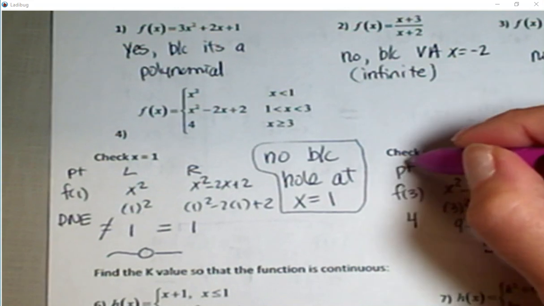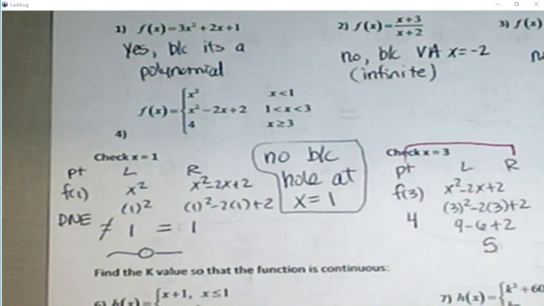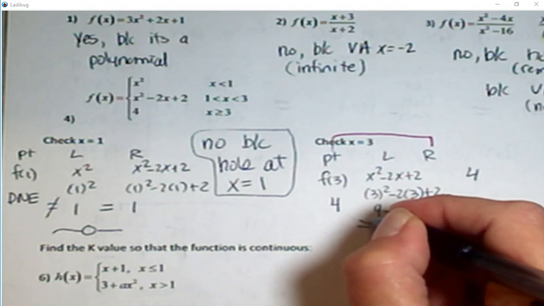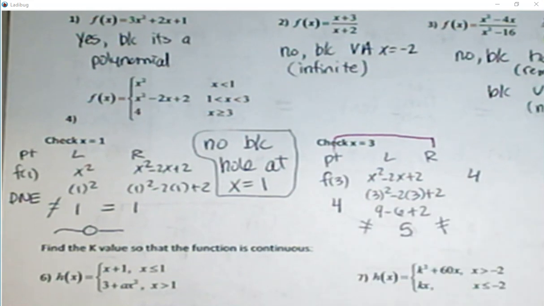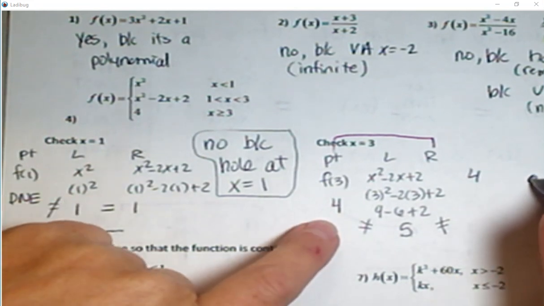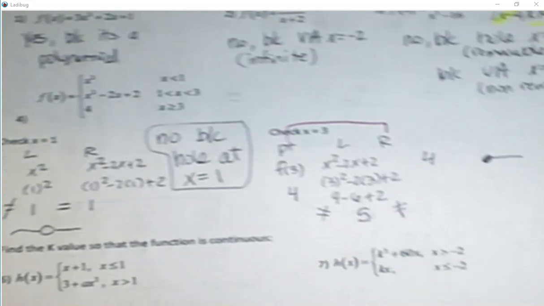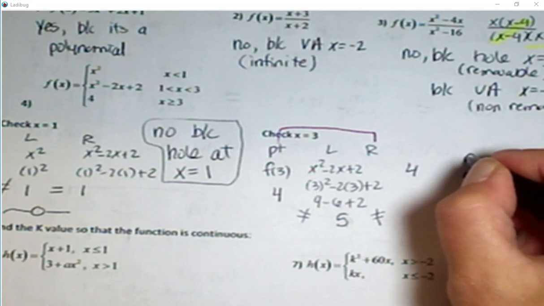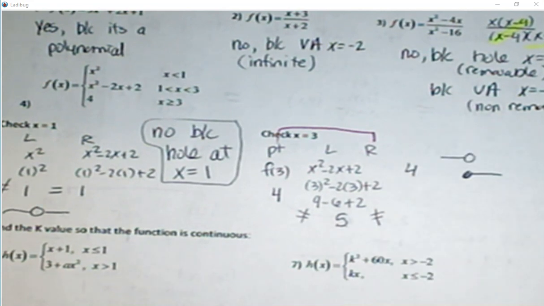Okay, so notice that in this particular one, the point and the right side are the same, but they're not equal to the left. This means that the right side and the point are the same, and the left side is different. It's higher also.